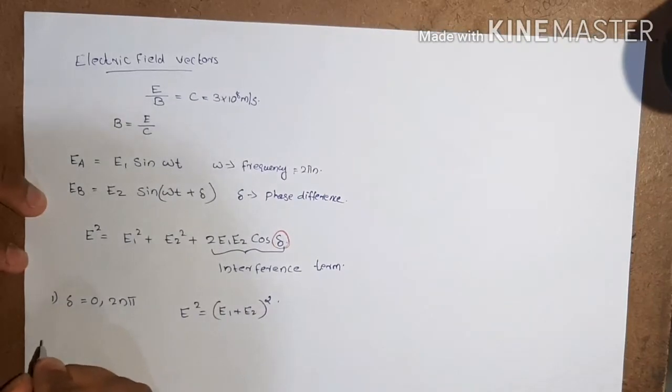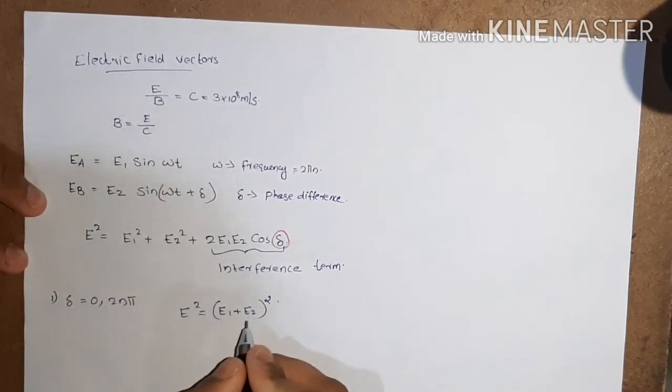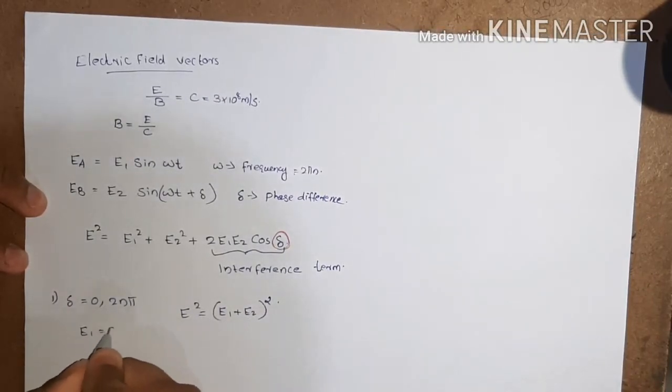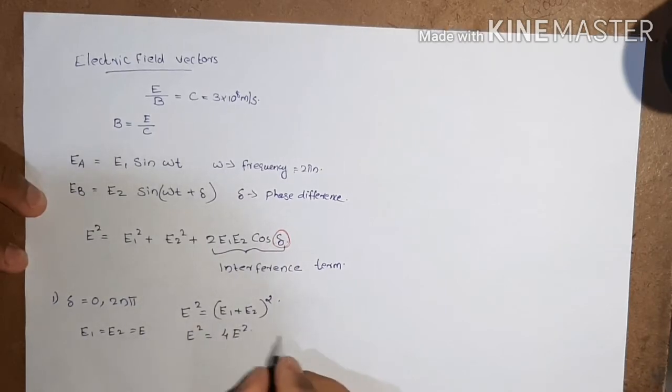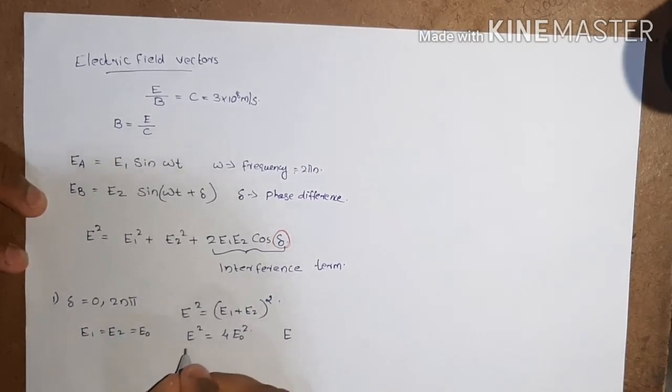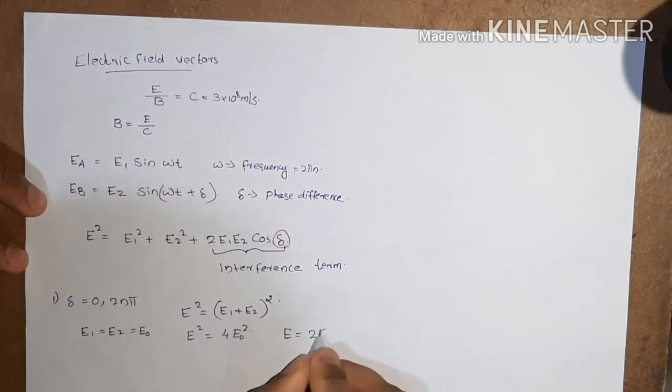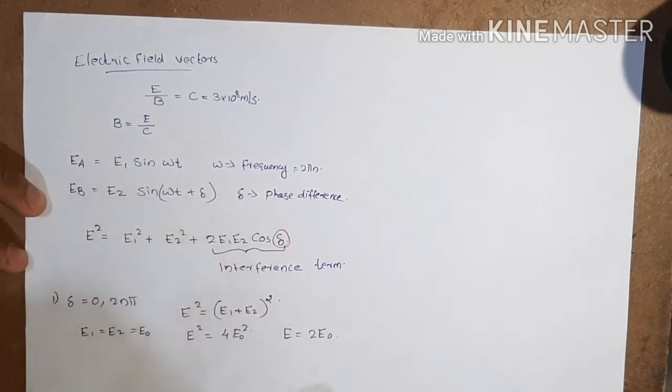And also, if E1 is equal to E2 is equal to E, then E square will be equal to 4E square, and the resultant electric field intensity will be E0.